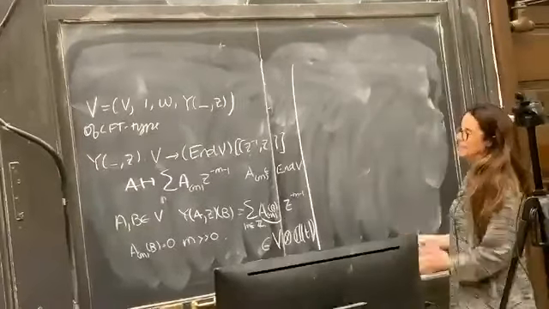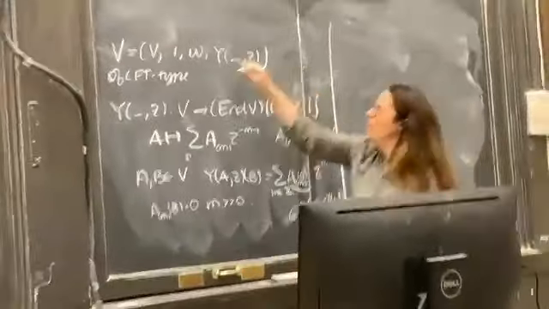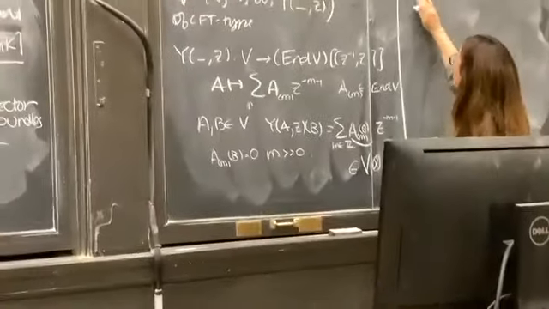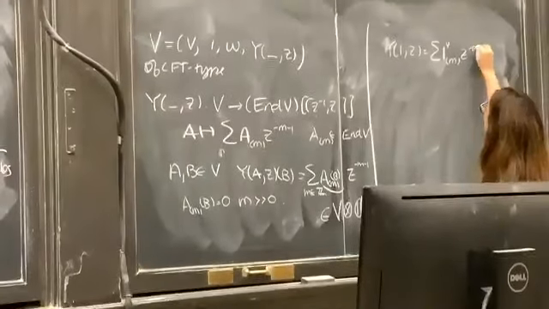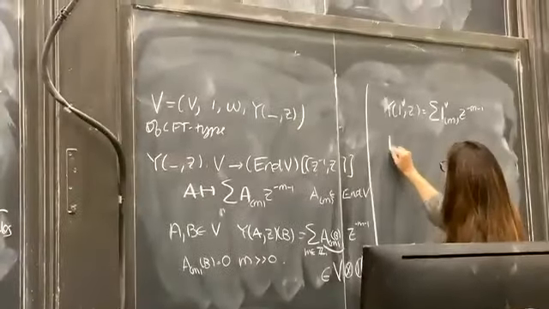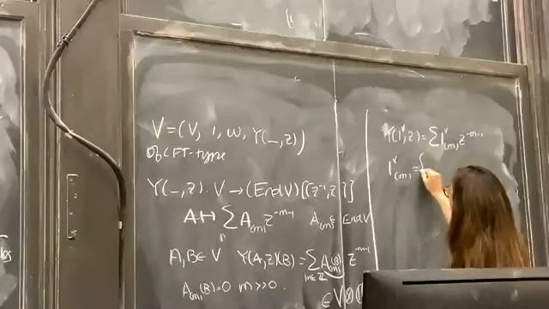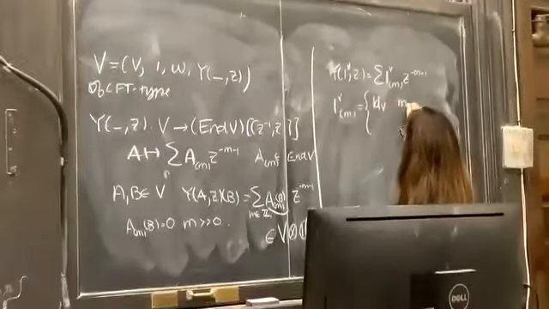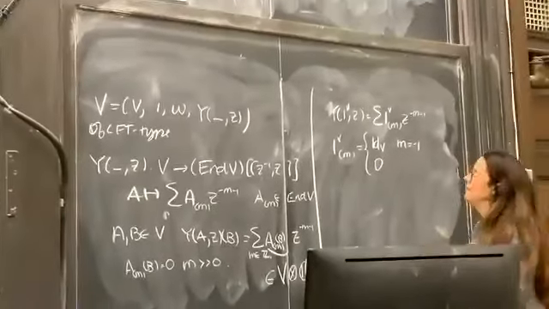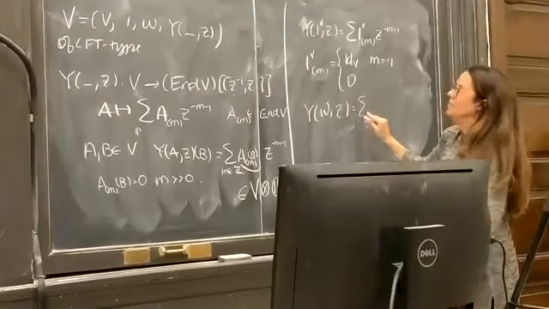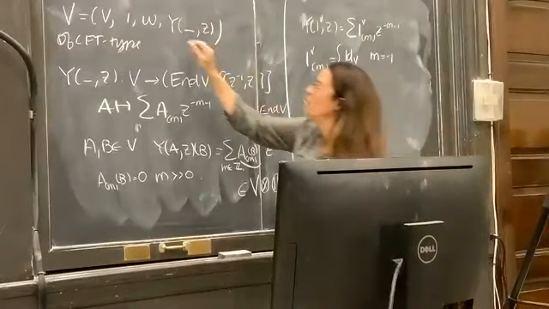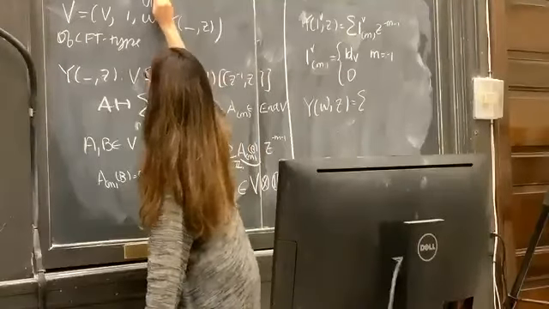Okay. So other conditions, this one I mentioned is in degree 0. And if you take the associated vertex operator of the vacuum, this is like the identity. So these endomorphisms are either the identity on B if m is -1, or 0 if m is less than -1. And similarly, if you do something interesting, if you plug in the degree 2 element omega, omega is the conformal vector.